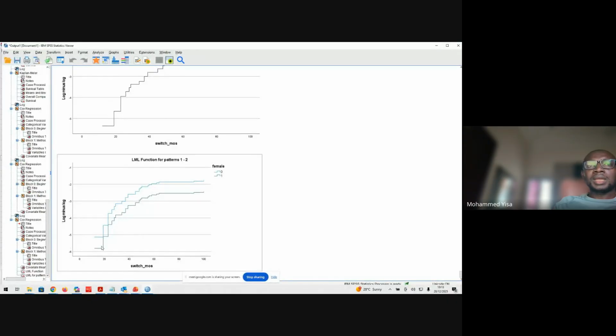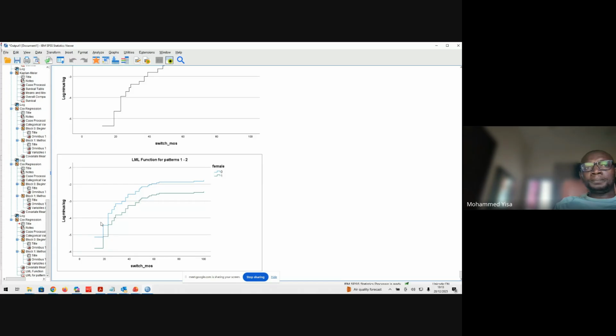we can see that the lines have actually met here and they have met here. And it's also supported by our other model, although they are two different things.